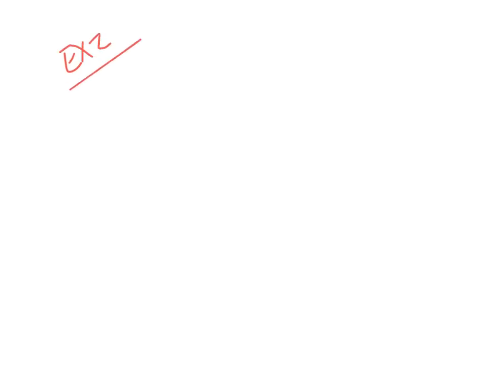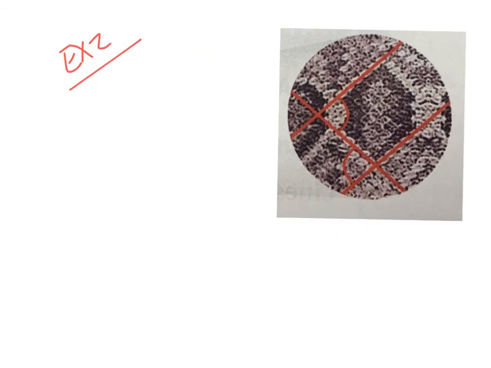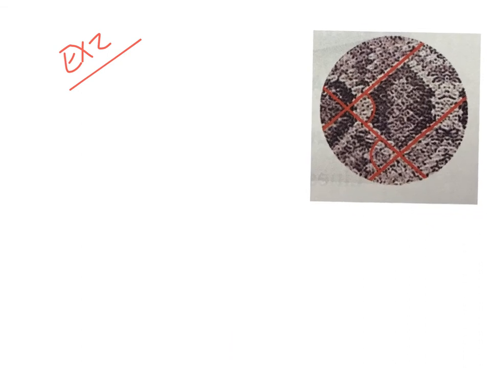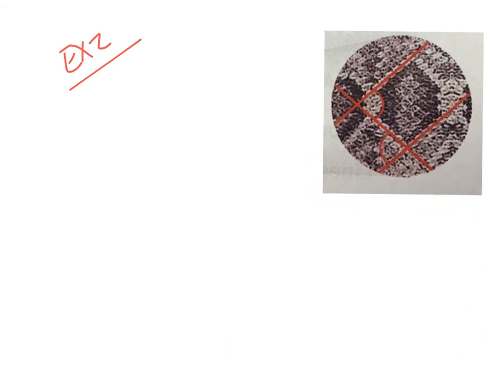How can you tell whether the sides of the pattern are parallel in the photo of a diamondback snake? Let me take a picture here. All right, here's a microscopic view of the pattern on a diamondback snake.